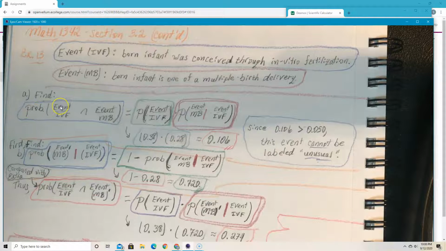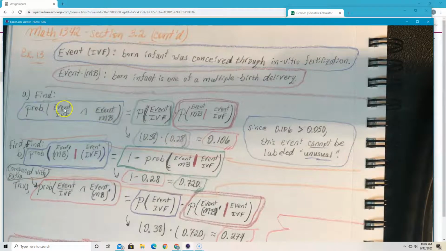The probability of the first event, the infant born was conceived through in vitro fertilization, and the second event, the infant born was part of a multiple birth delivery.